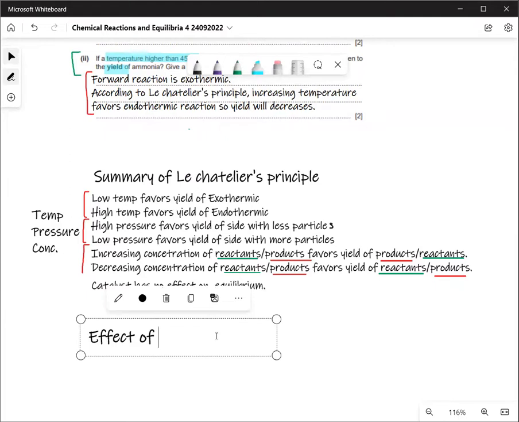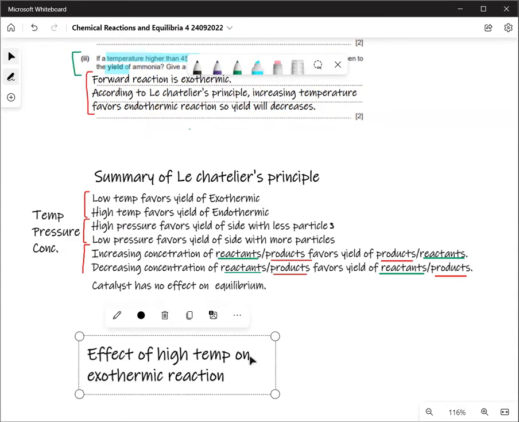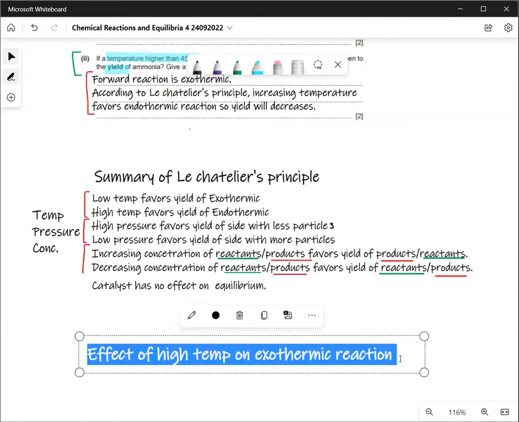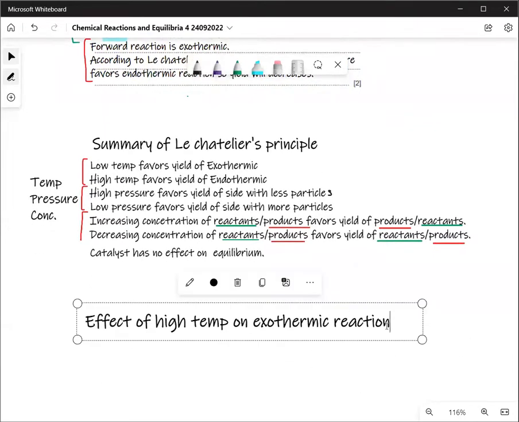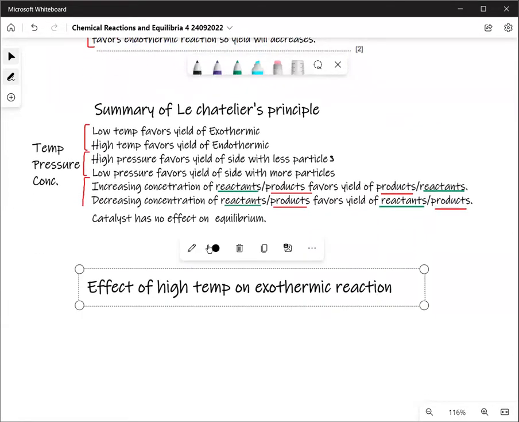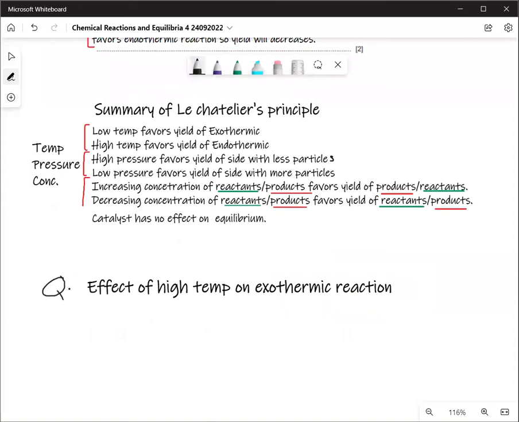Done, sir. Niranjana, Zahra? Sir, just the last line. Okay, done. Now one last thing: effect of high temperature on an exothermic reaction. You have to write this question in your notebook.